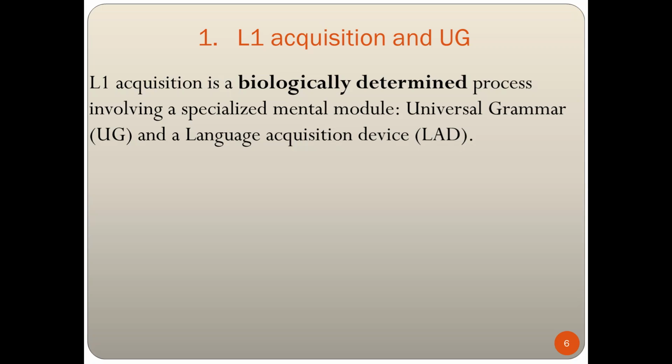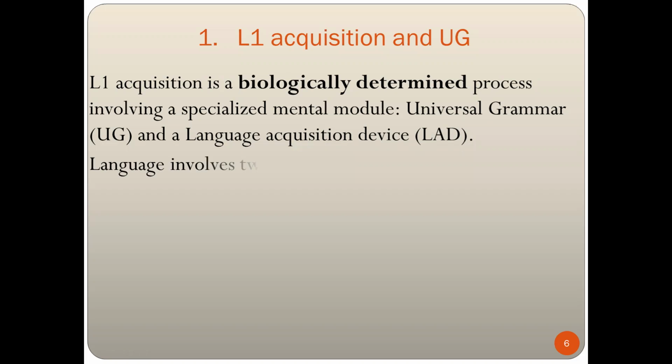This specialized module of the mind contains what we can think of as the most fundamental specifications of human language, the most basic grammatical principles of language, what we call the language universals. In addition, this module also contains a specialized language acquisition device, which guides the process of first language acquisition.